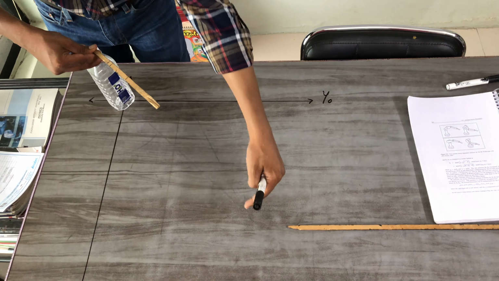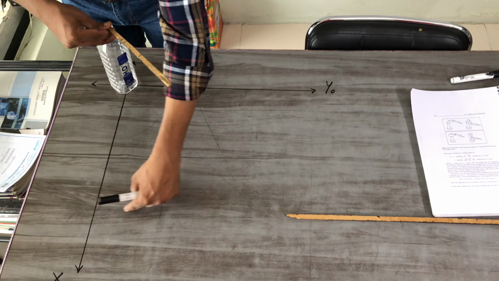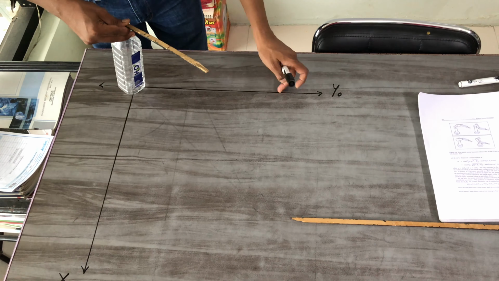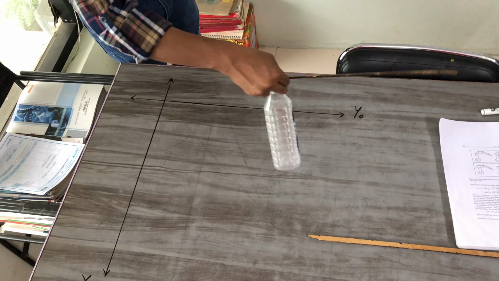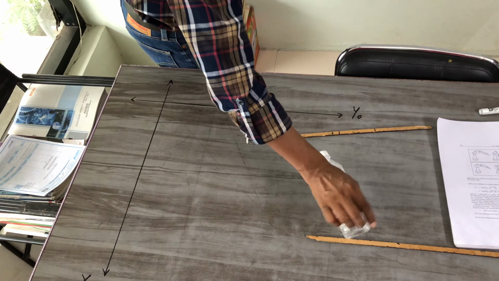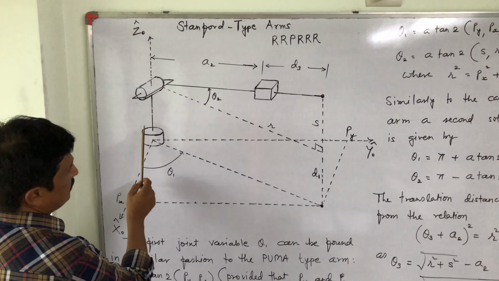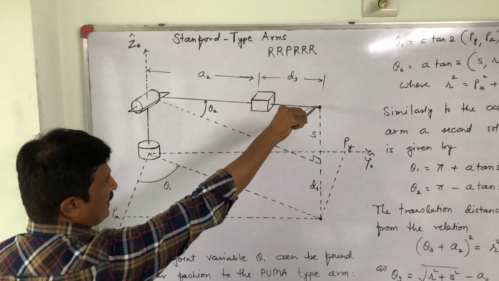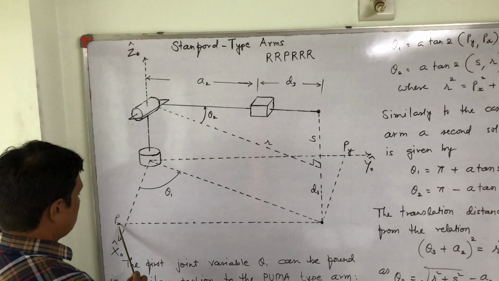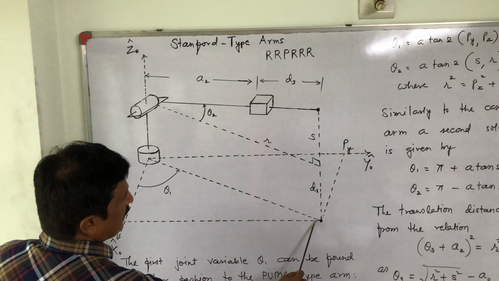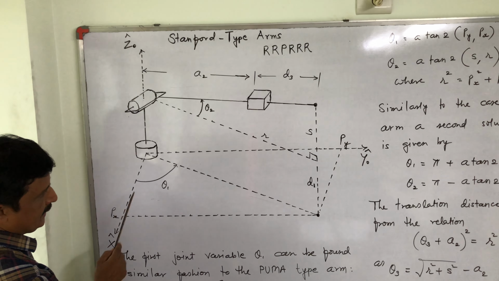If we project here, this one is px, this one is py. I have drawn it in the figure. See, this one is a 90 degree angle. If we project this point here, this one is py, this one is px.